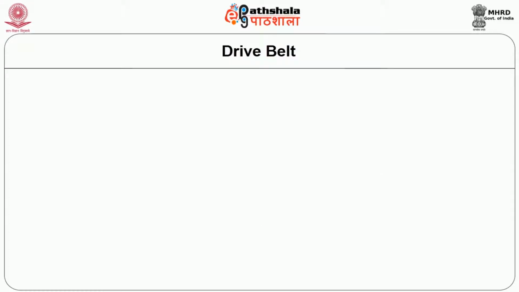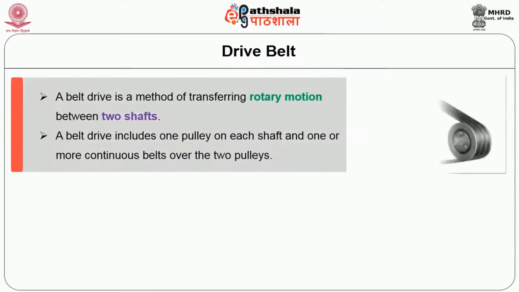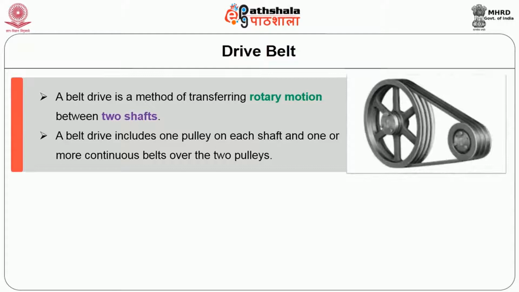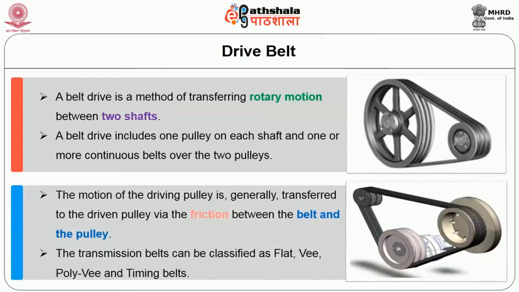Next, we shall see about drive belts. A belt drive is a method of transferring rotary motion between two shafts. A belt drive includes one pulley on each shaft and one or more continuous belts over the two pulleys. The motion of the driving pulley is generally transferred to the driven pulley via the friction between the belt and the pulley.